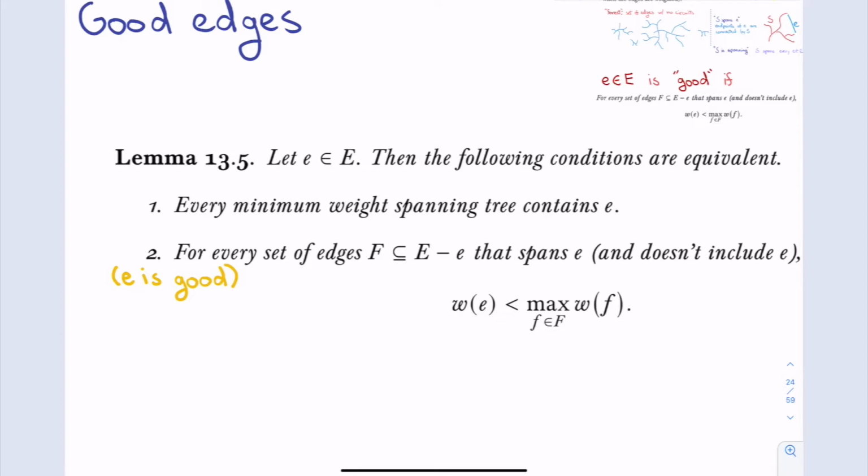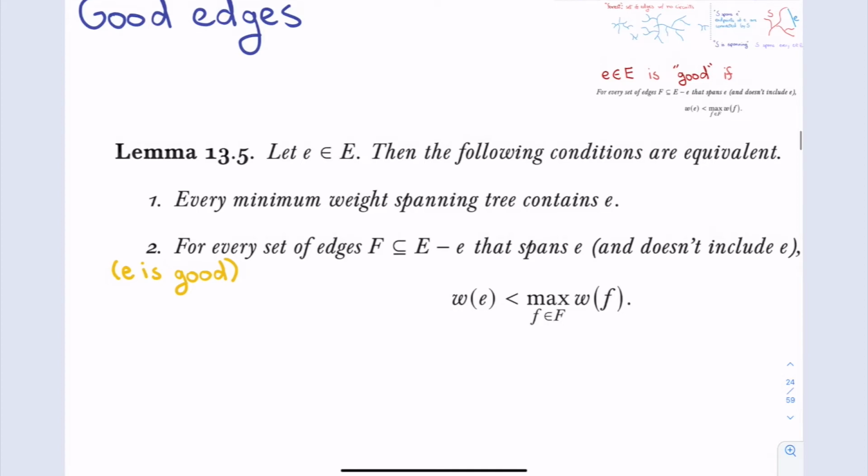If I know that any other path connecting the endpoints of E has a bigger edge than E, then I know that E is in every single minimum weight spanning tree. It's not yet clear how to certify or figure out if an edge is good. We'll do that next. But it does tell us that if I can make an algorithm that only takes good edges, that would be fantastic.